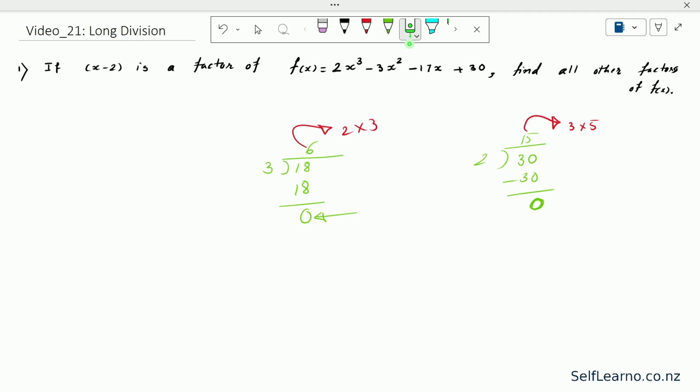I'm going to apply the same method, same logic over here. I will divide these by this. Okay.